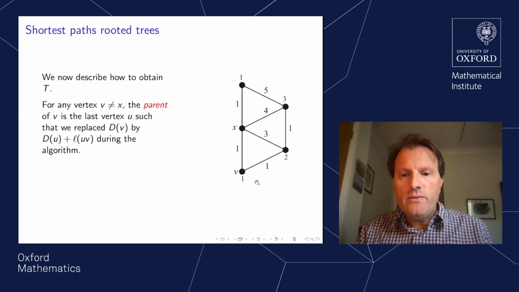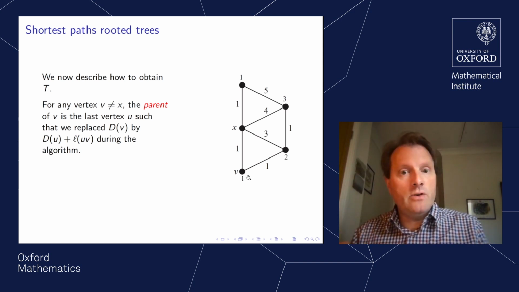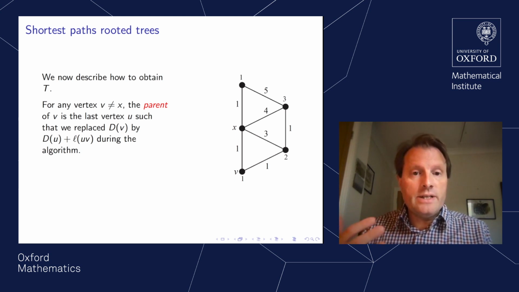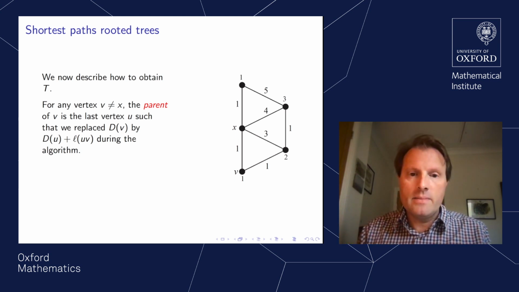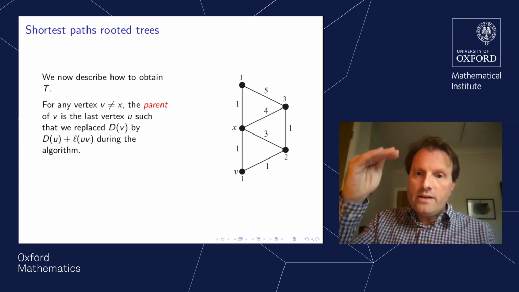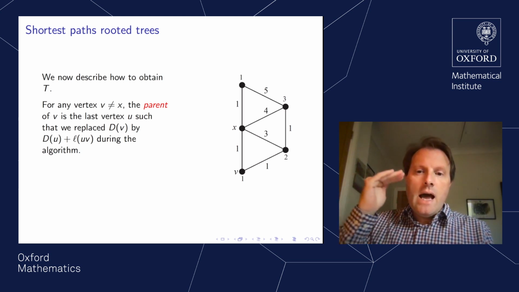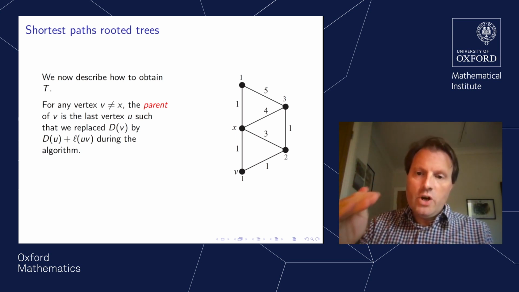So if you remember, for every vertex, we kept this tentative notion of distance d from x. And this d, as the algorithm progressed, kept on going down. And at some point, it stops.